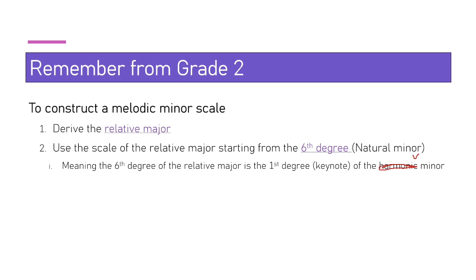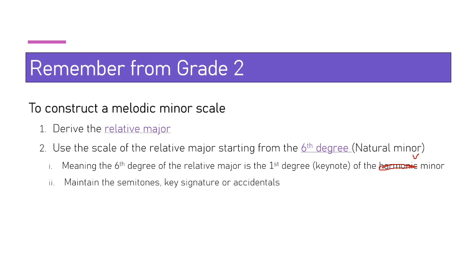So when that sixth degree of the relative major is now your first degree, the keynote of your minor scale, it is your natural minor scale for now, because at this point we have not made it harmonic or melodic. It's what we do after this step that determines whether it is natural, harmonic or melodic.